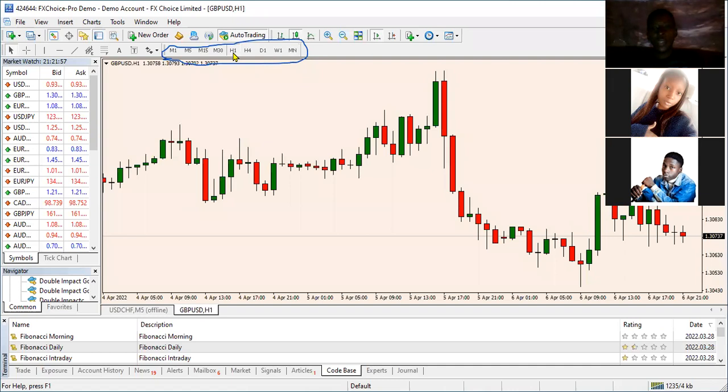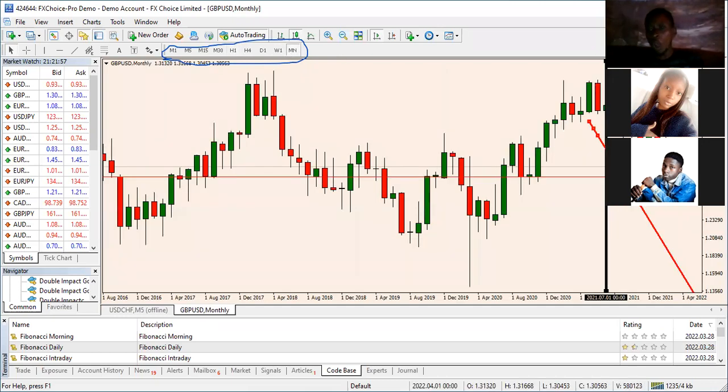You get it? Yes, sir. Because all of these candles take 1 hour to form. Every one of these candles is taking 1 hour to form. And they are inside that very current 1 month candle that is forming. Inside this candle. All of them are inside this candle now. You get it?